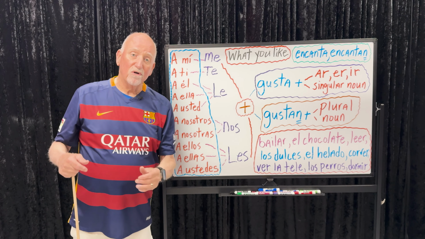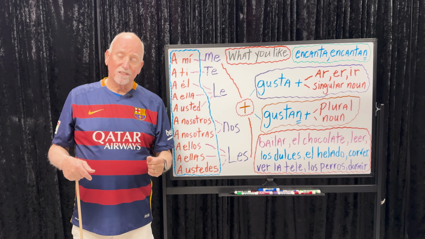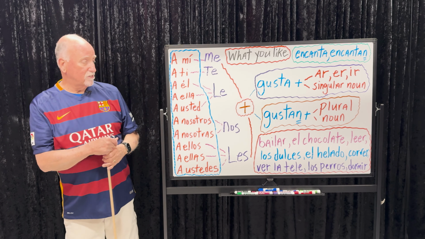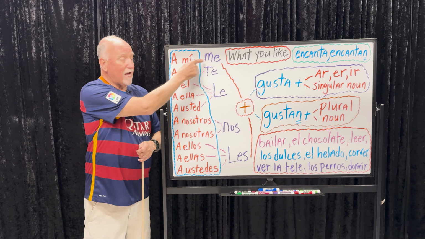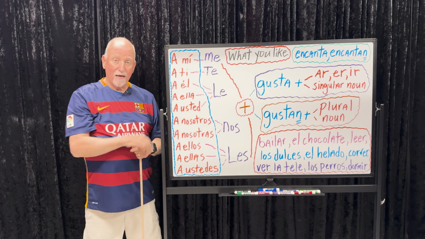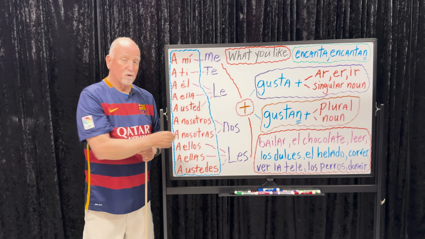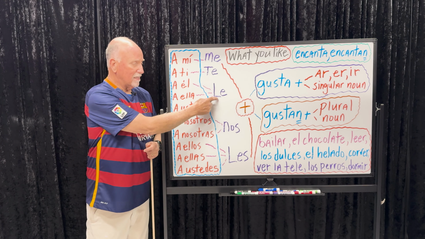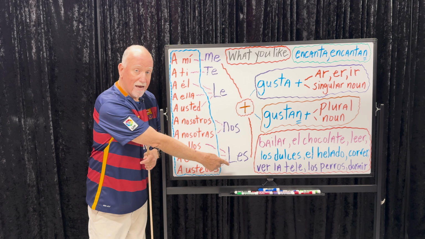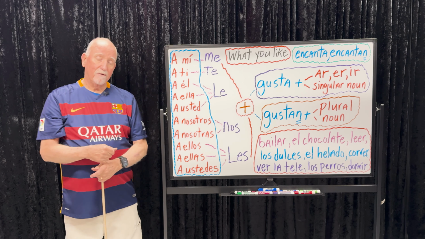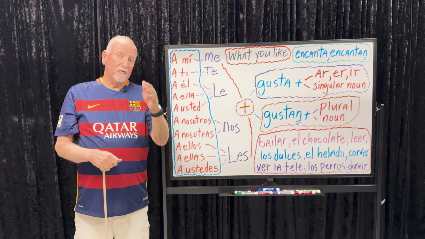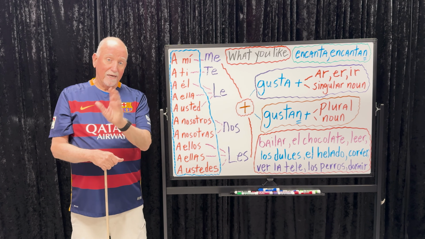So students don't like to take tests on Mondays. Okay, it's students. It's not students I, me. It's not students you, te. It's not students we, nos. It's not students, oh, that's only for one person. It's got to be les. Yeah, students they. So it'd be a los estudiantes. We're going to make it negative now.